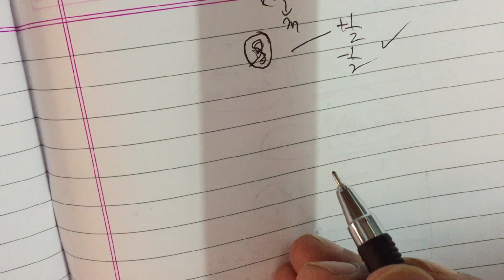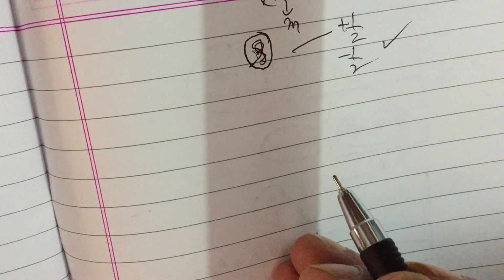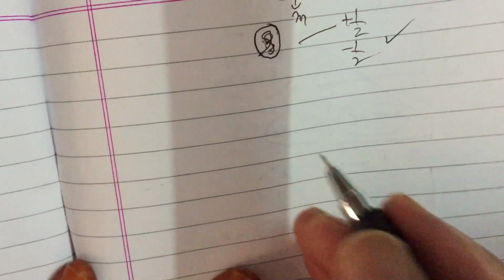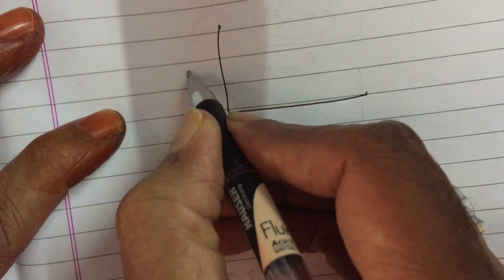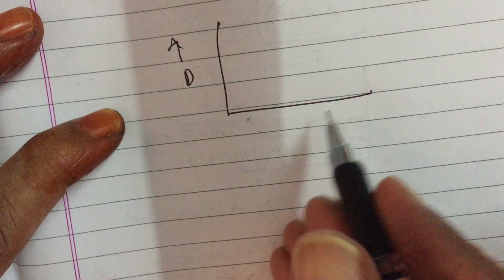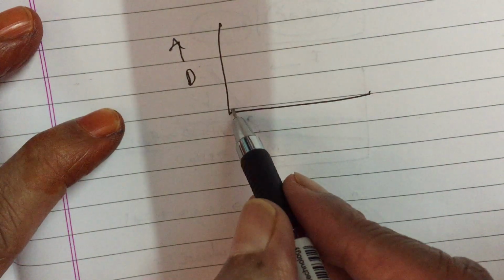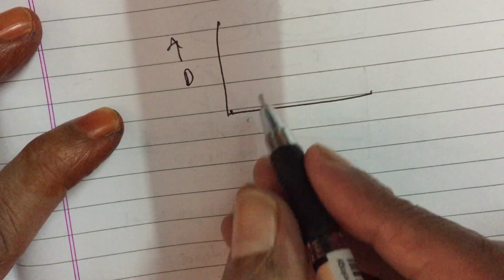Now, we will be examining the variation of probability with radial distance from the nucleus. The variation of probability of finding an electron in radial distance from the nucleus is given by what is called a radial probability curve.